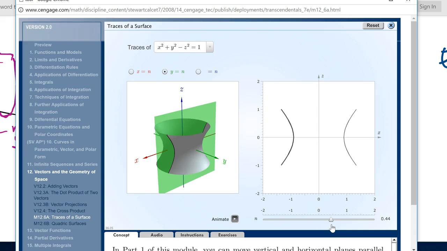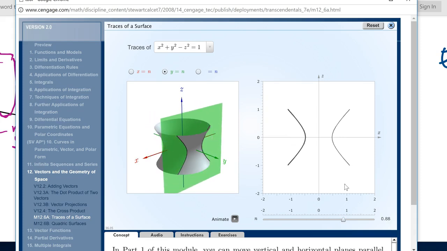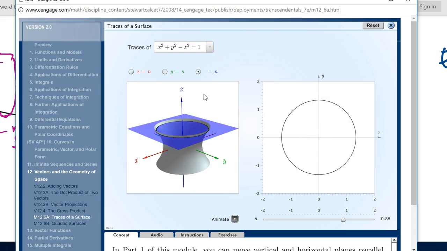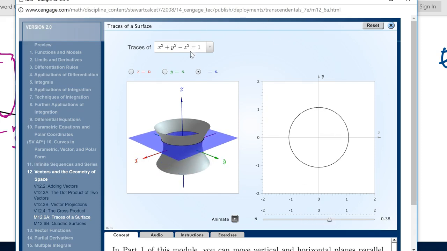And so the planes will cut these surfaces and give these curves here on the right. Now if I let z equal n, then you just get circles. All right, so what they're doing is basically alternating x, y, and z to be a value n, and so you get certain objects out of that.